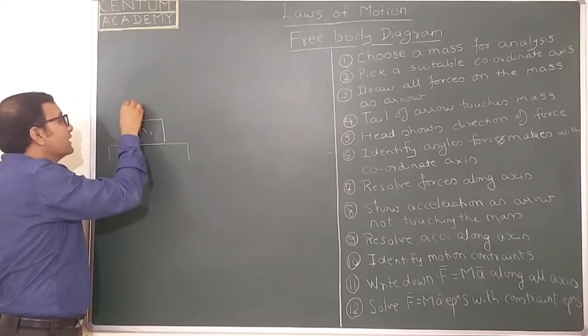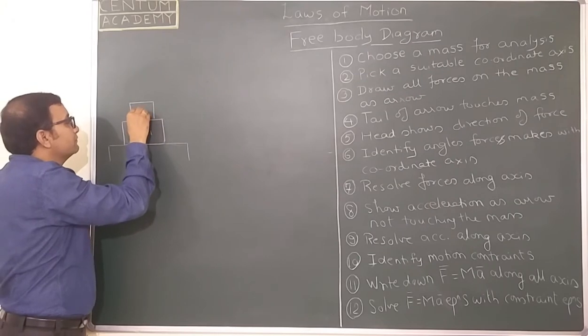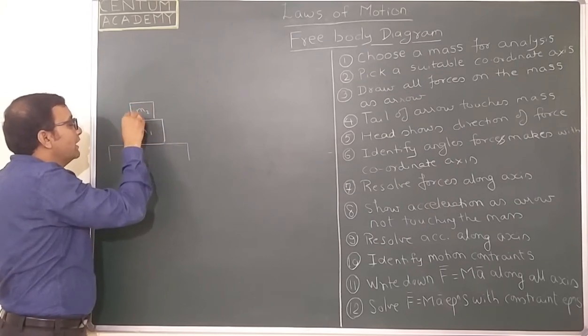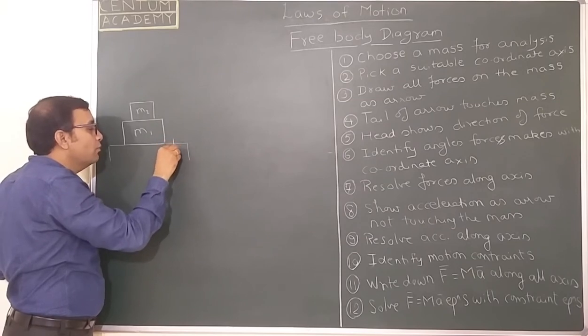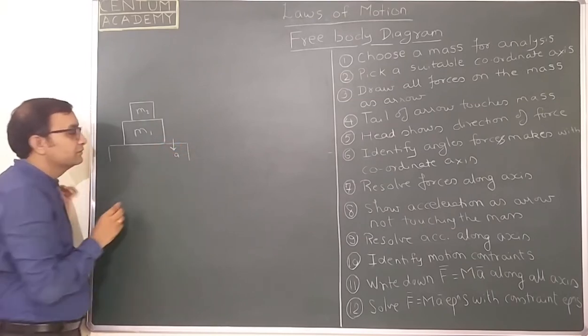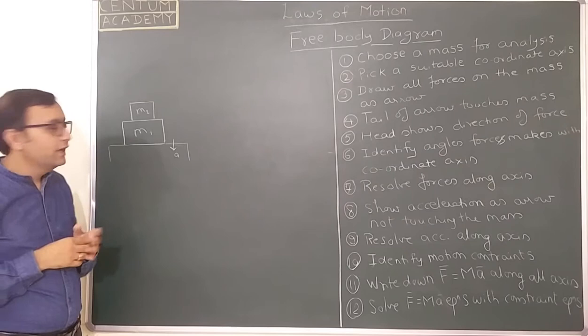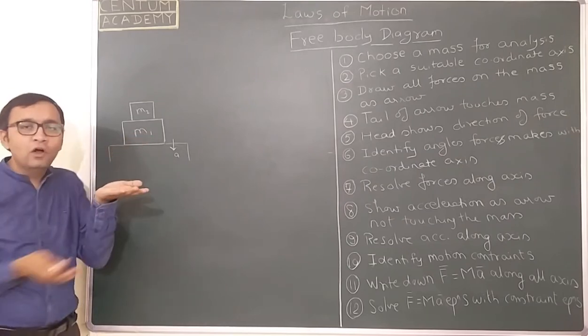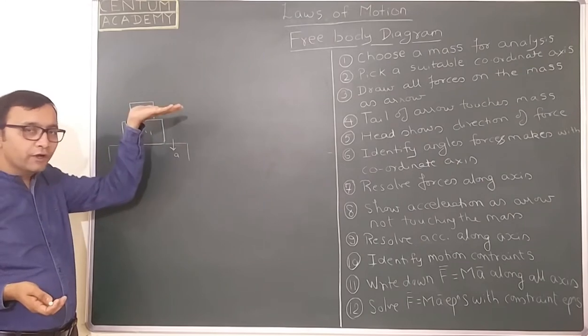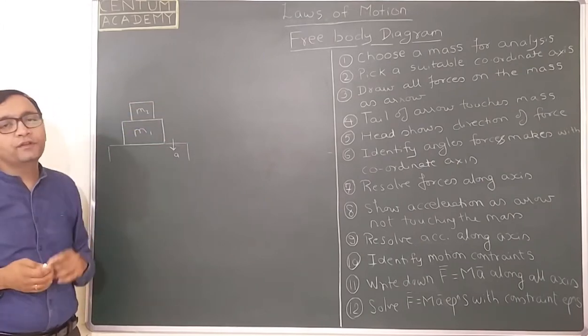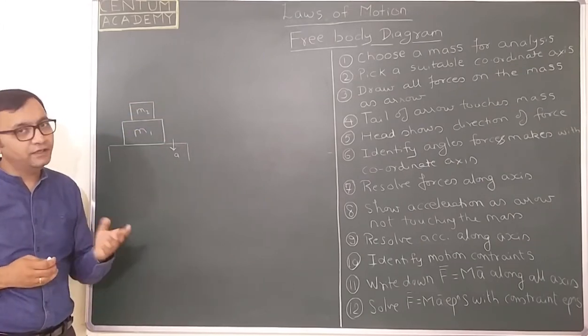So when you keep mass m2 on it, this mass m1 starts to move with acceleration a. It goes inside the surface. It's like suppose you keep m1 on a sponge, right? And when you keep m2 over it, m1 starts to move with acceleration a inside the sponge.